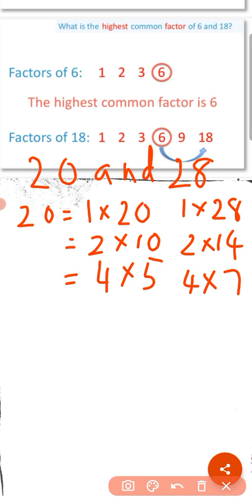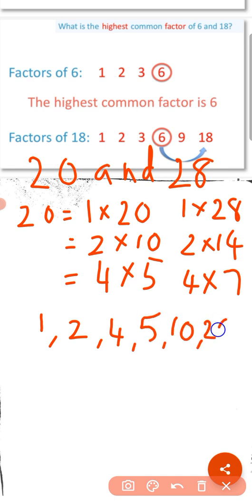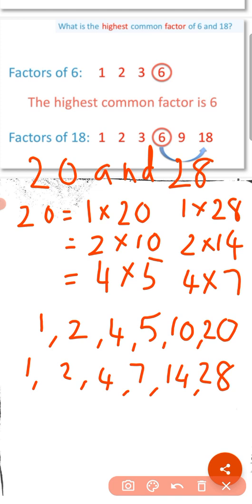First write the factors of 20: 1, 2, 4, 5, 10, 20. Then write the factors of 28: 1, 2, 4, 7, 14, 28. Clear?